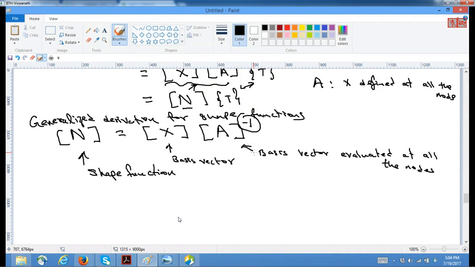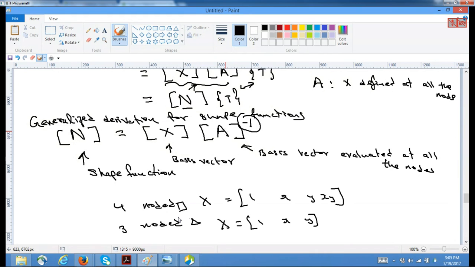For example, for the 4-noded quad, your X is defined as 1, x, y, and xy. For a 3-noded triangle, you evaluate X at all the nodes with an inverse, so it should be easier.